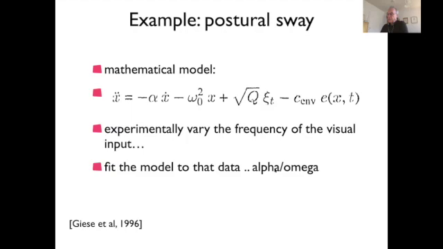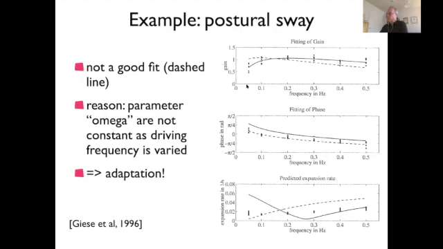And you can estimate the parameters of this model by fitting certain dependencies. So here are data in which the frequency of an oscillation of the visual surround was varied, and you measure certain aspects of sway.